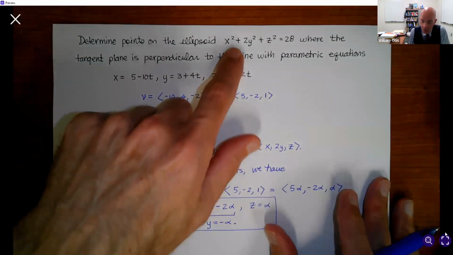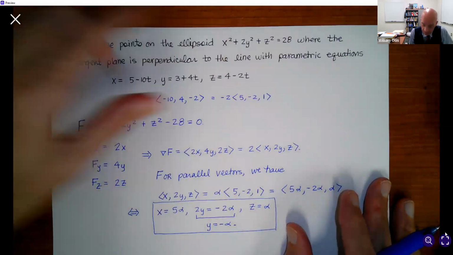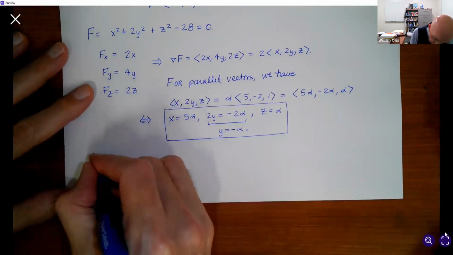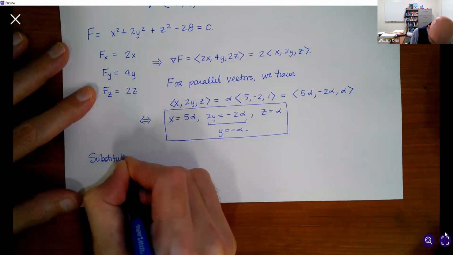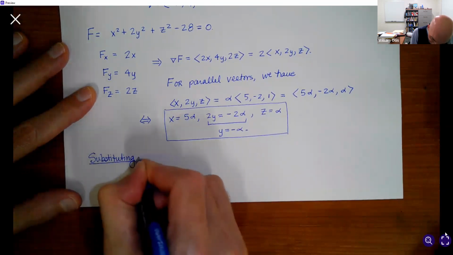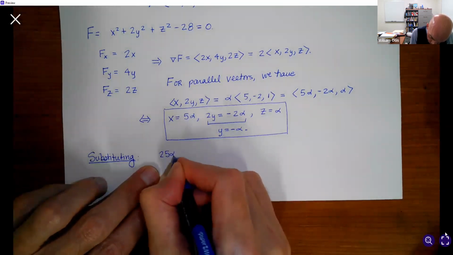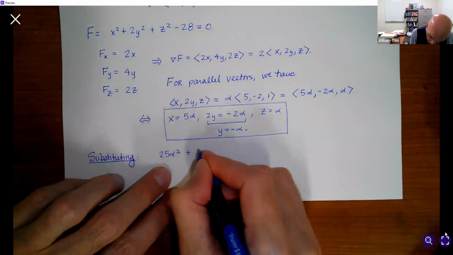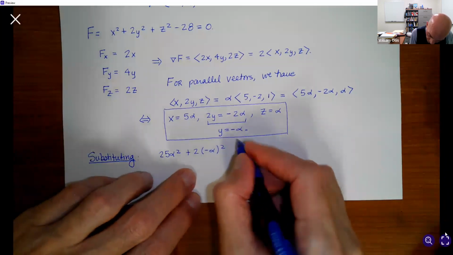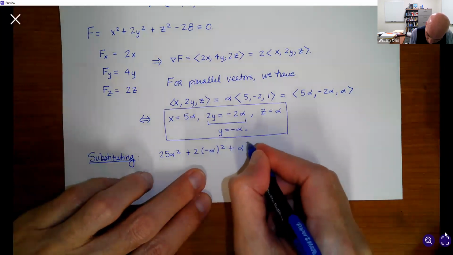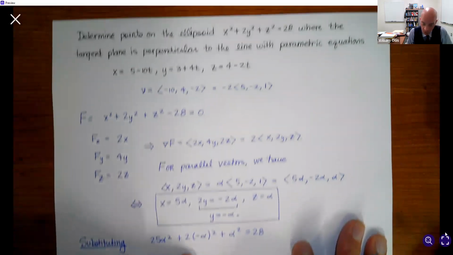Now we can use the original equation to figure out what alpha is. Substituting, we have 25 alpha squared plus 2 times negative alpha squared plus alpha squared equals 28. We're just substituting into the original equation here.